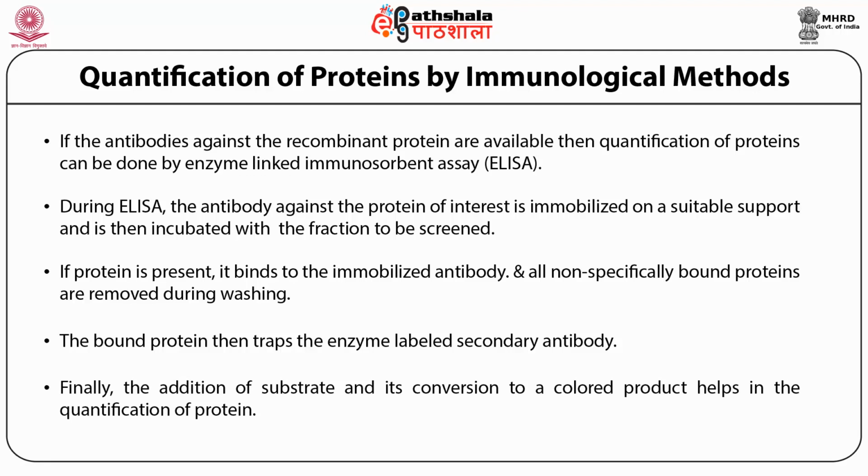For quantification, ELISA is performed by using standards with known concentration of proteins. So a dose response curve is plotted by using standards with known concentration of protein, and the concentration of protein in the fraction is then known by reading the intensity of color developed on that standard curve.